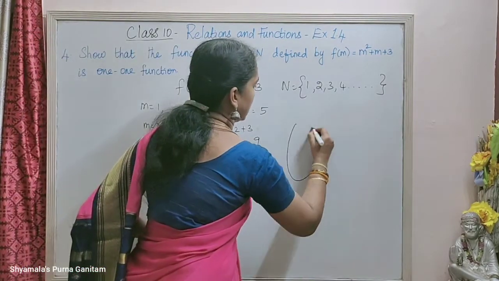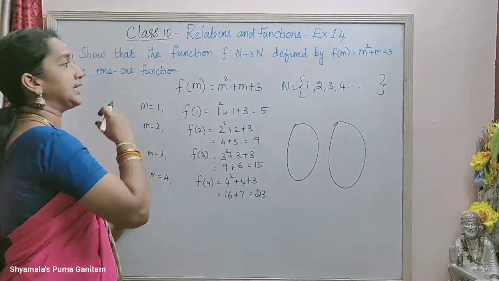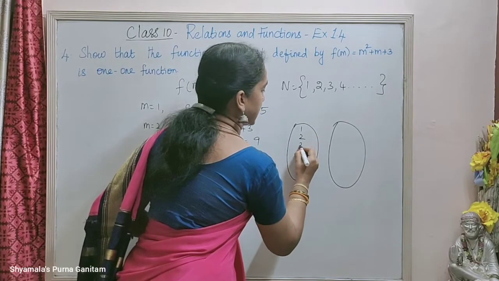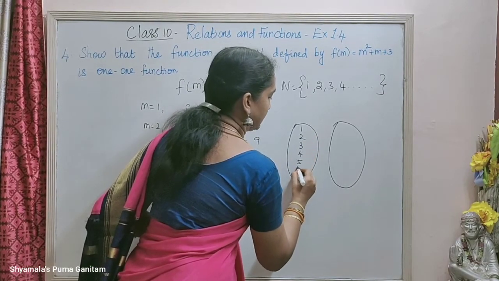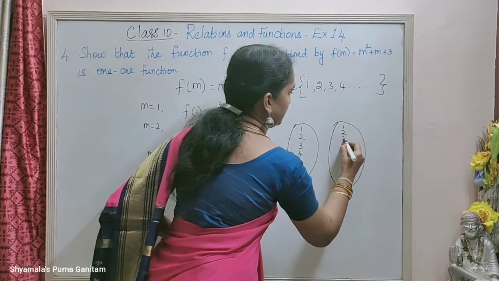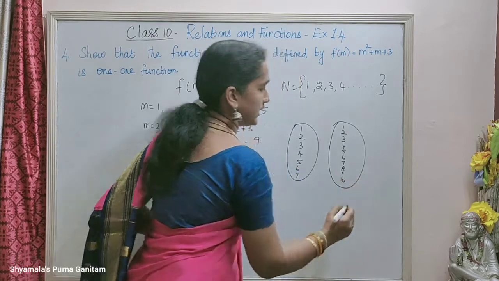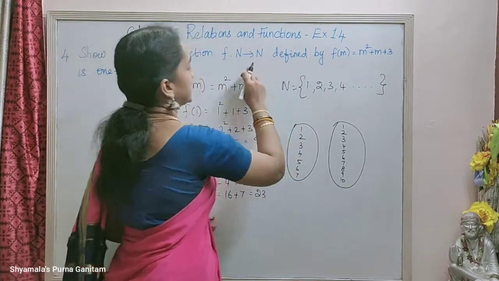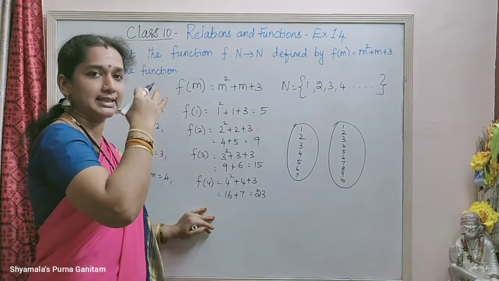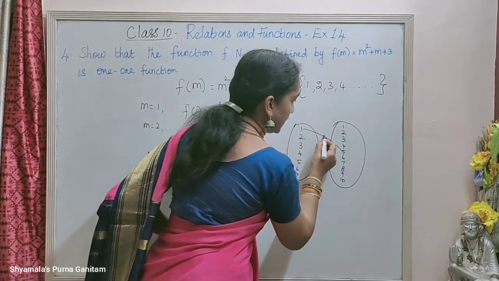Then if we represent the same thing in the arrow diagram, we are asked to show that it is a one to one function. Both the sets have natural numbers, from N to N. When the first element and the second element are connected by the function, 1 is connected to 5, only one element.